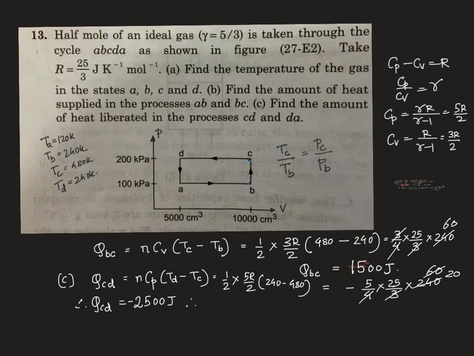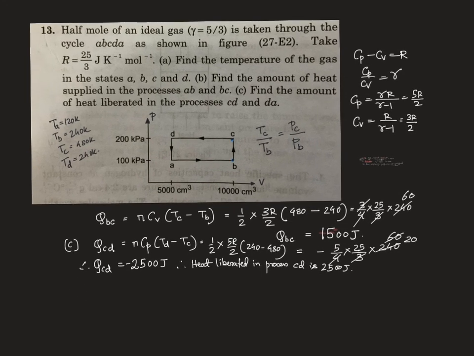So the heat liberated, that is the heat lost in the process CD, is 2500 joule.